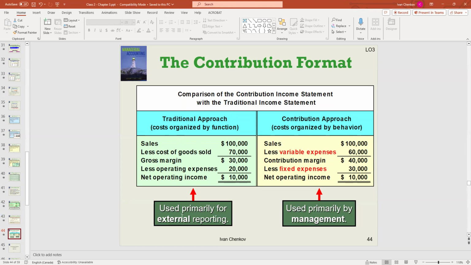Traditional, used by the external user, contribution approach, management. That's how you should remember it. Every time when you see contribution margin, management. Gross margin, outside people. And that concludes your chapter 2.